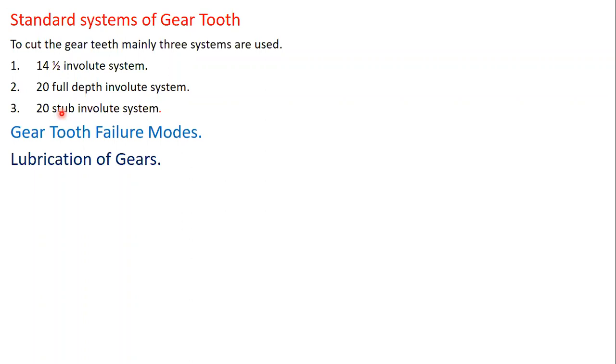In the 20 degree stub involute system, the addendum is made stronger, and the working depth is usually 20% less than the full depth involute system.